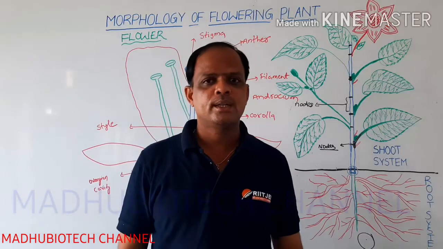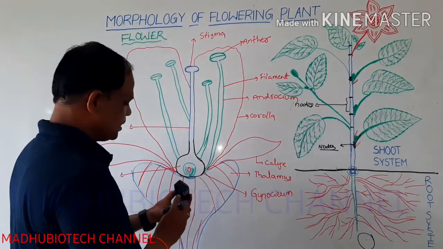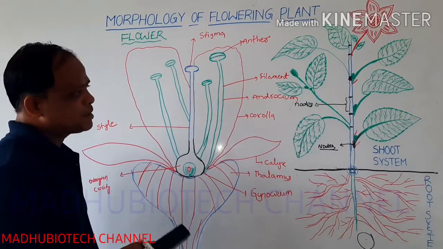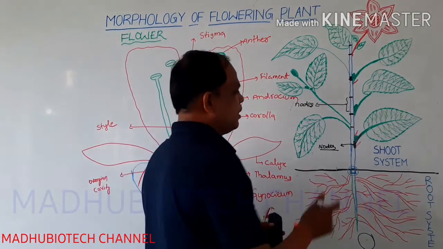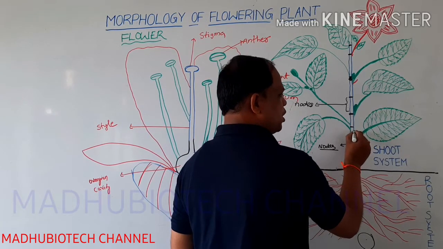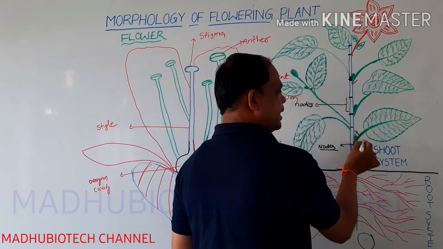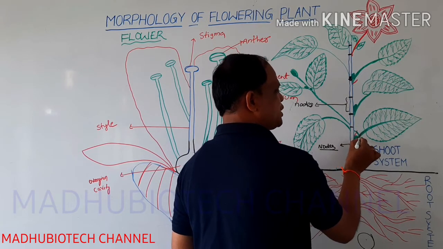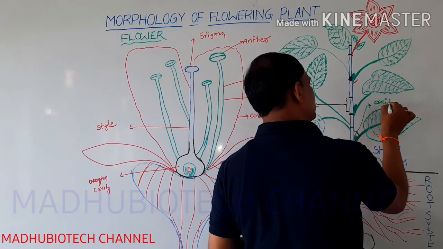Next is the structure of the flower. This is the stem system. One more point here: the angle between the internode and petiole is called the axil.